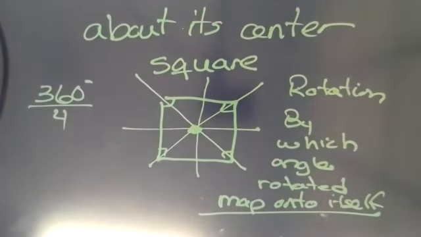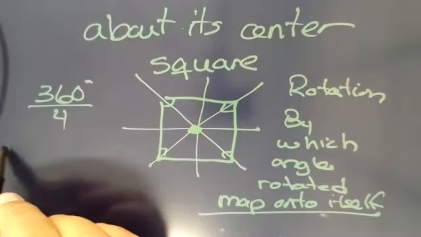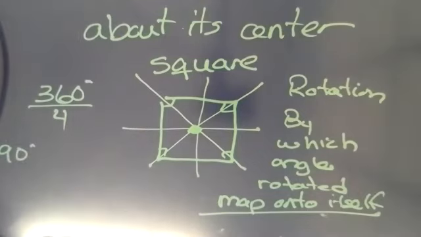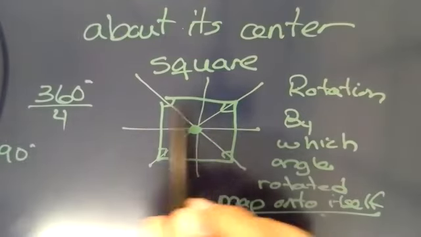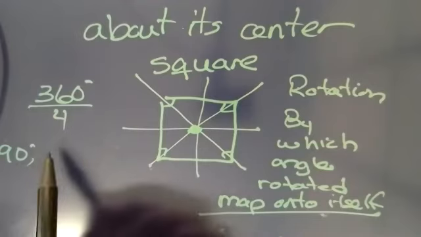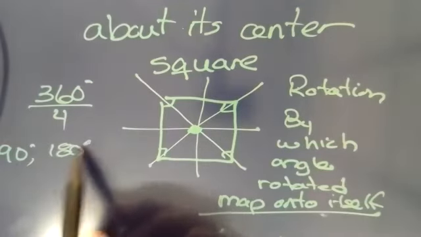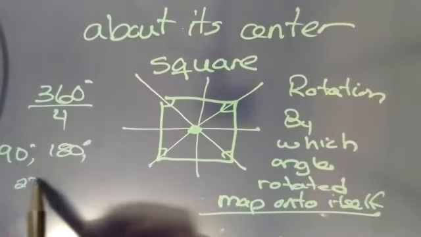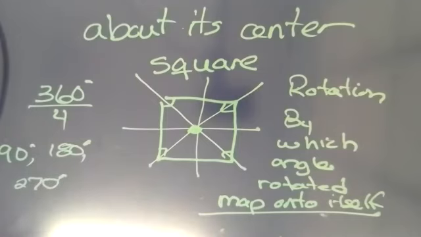What's 360 divided by 4? 90 degrees. So this square, if it's rotated 90 degrees, will map onto itself, but not only at 90 degrees, also at 180 degrees, also at 270 degrees.